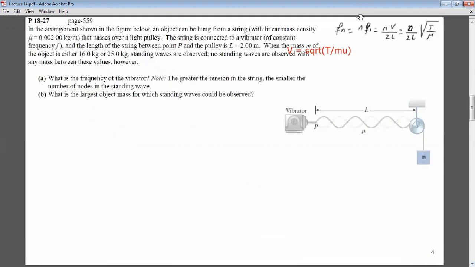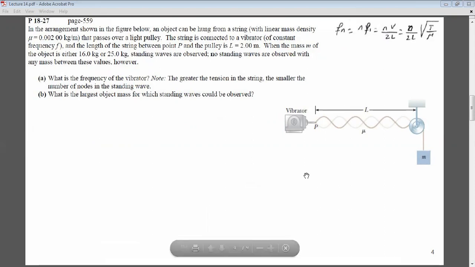Let's do some exercises. So we will start with this one from your booklet, number 27. In the arrangement shown in the figure below, an object can be hung from a string with linear mass density mu equal 0.002. So I have this mu, which we see in this formula, n over 2L square root T over mu.